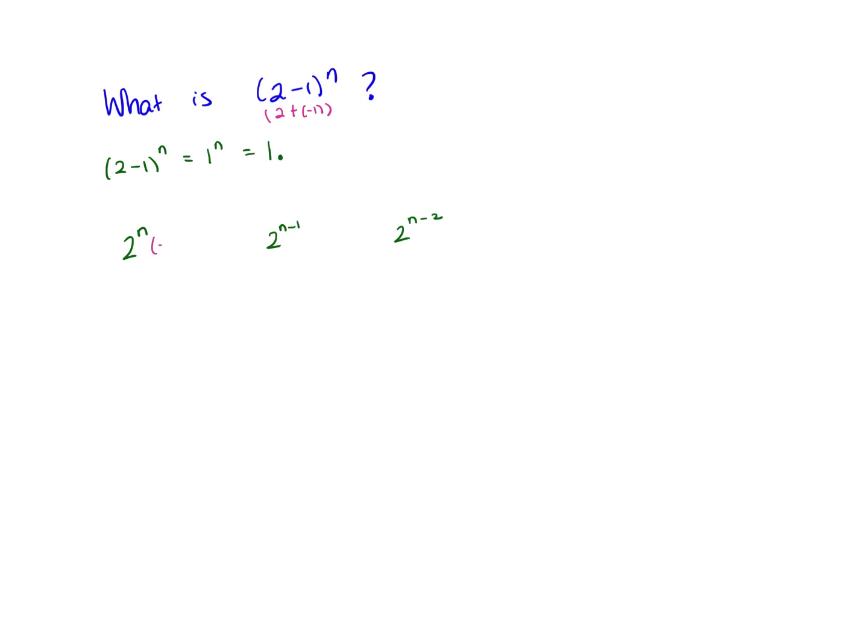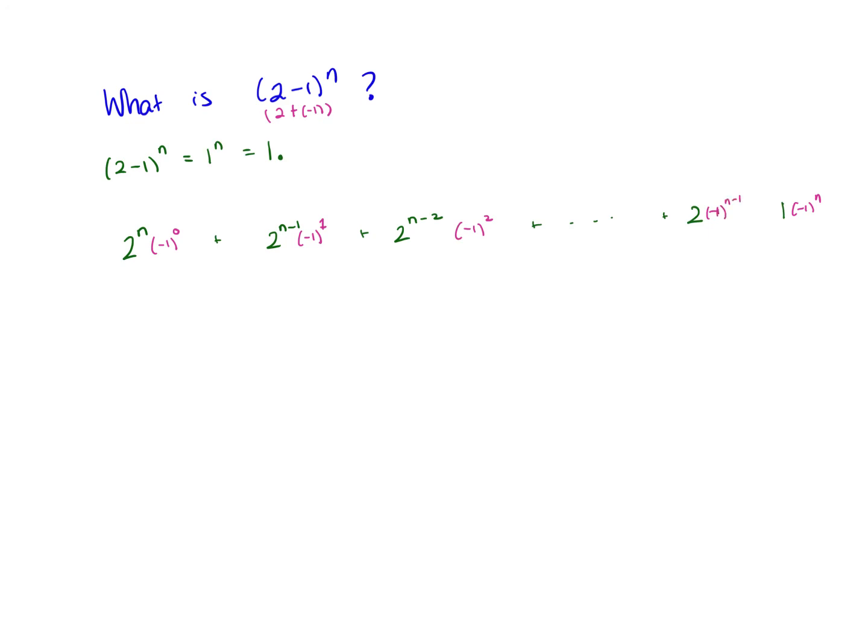So I'll also have a negative 1 to the 0, negative 1 to the 1, negative 1 to the 2, and so forth. And then we'll keep going down till we get 2, and then just 1 for that 2. And I'll have negative 1 to the n, negative 1 to the n minus 1.